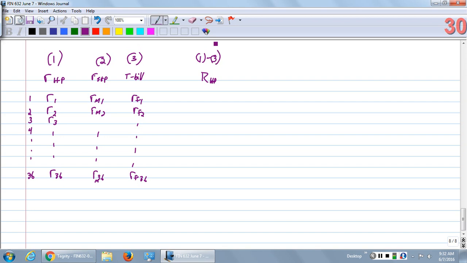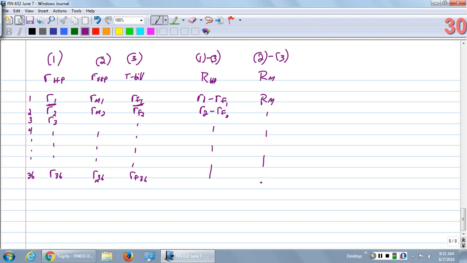So if I take this first return here and subtract what the risk-free rate was, that gives me the excess return, all the way down. I'm also going to get R sub m. This is simply going to be column 2 minus column 3. So I'm getting my excess returns all the way down.